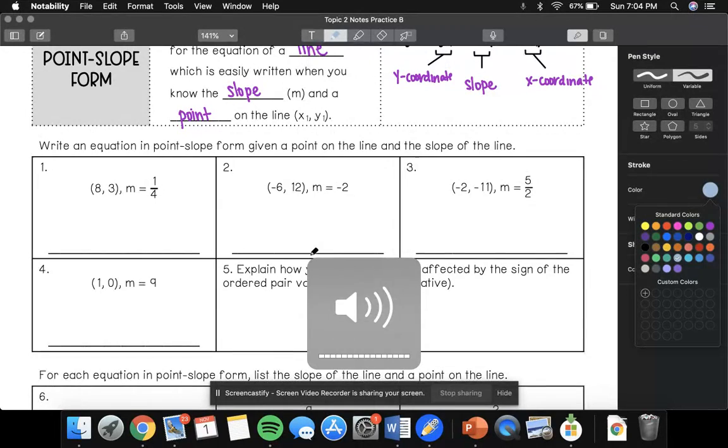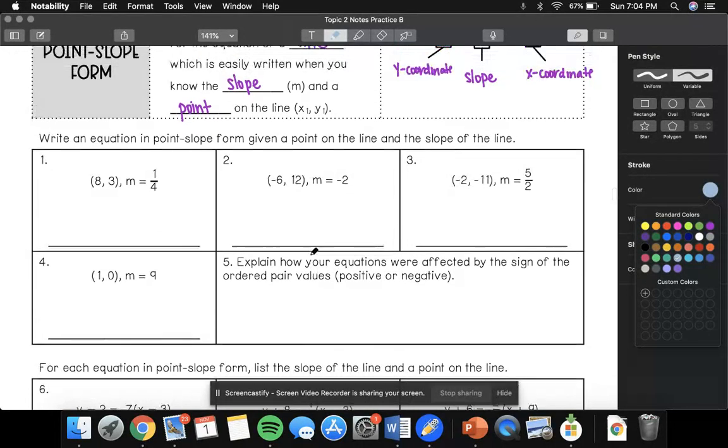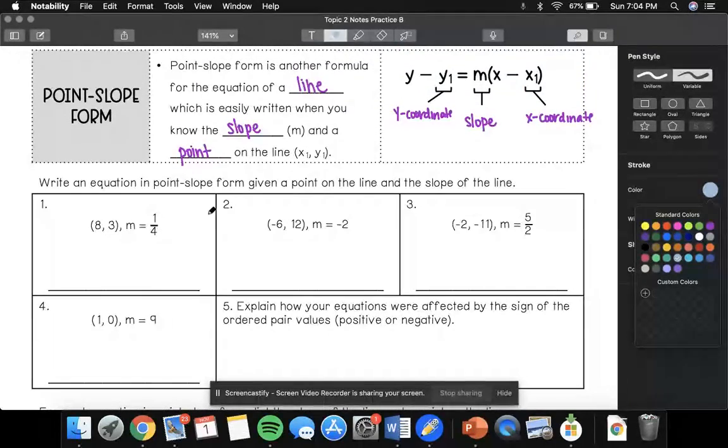practice understanding this equation. We have a line that crosses through (8, 3), and it has a slope of 1/4. I'm going to write this form, and instead of my y1, my m, and my x1, I'm going to use these values. My slope is 1/4, this is my x-coordinate, and this is my y-coordinate. That helps me a little bit.